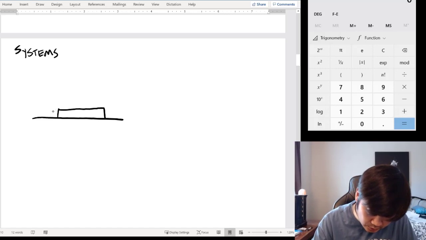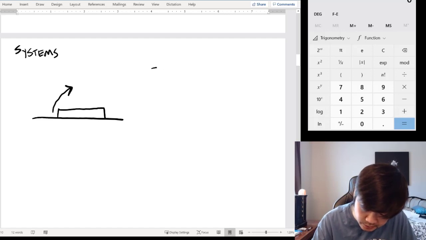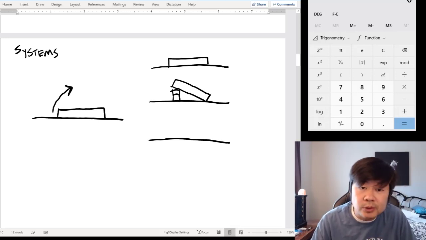And then as you know, we could move this ramp into different locations. So let's just draw 3 of them, all right? So the first one is flat like this. The second one, we're going to create an incline. So we're going to have some sort of books or something to keep that there. And then we'll just make a third one just to reference that.